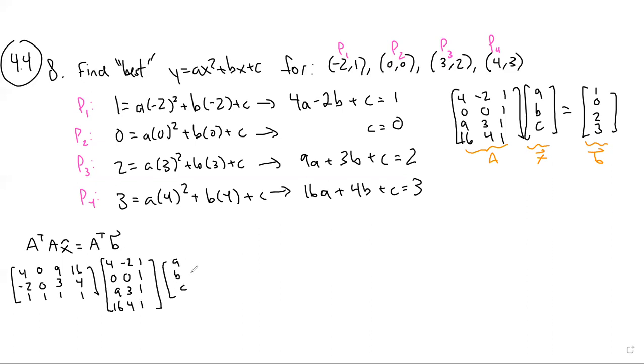And then there's my ABC. And then equals A transpose, 4, 0, 9, 16, -2, 0, 3, 4, 1, 1, 1, 1, and then times the B.